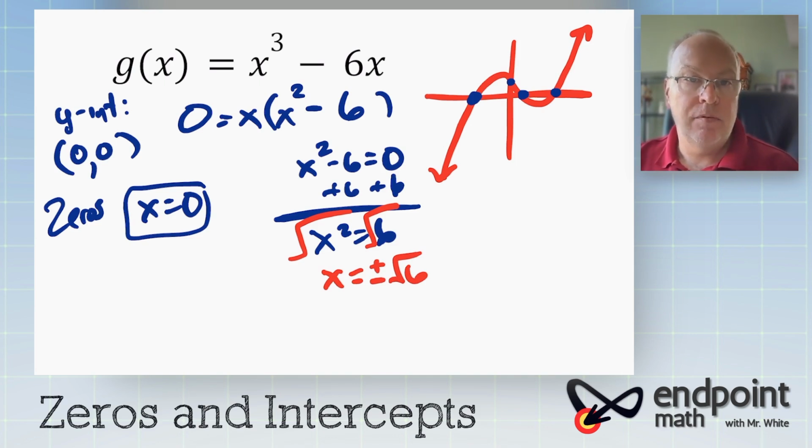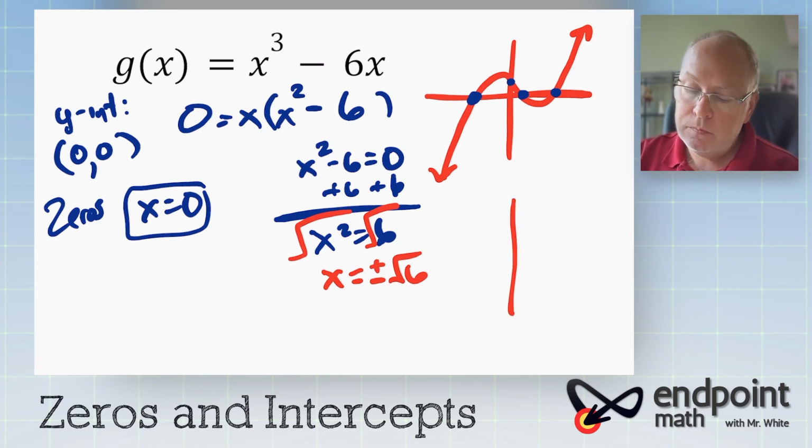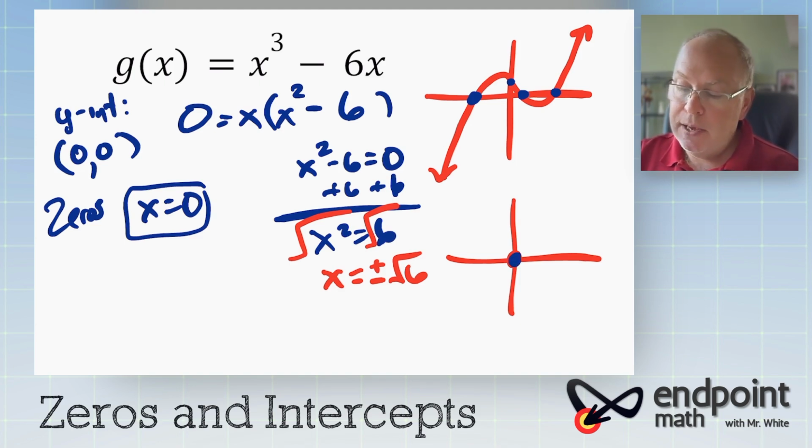So as it turns out, this graph hits at 0, and then it hits over here at radical 6, which is like 2.5 or so, and then it hits over here at negative 2.5.